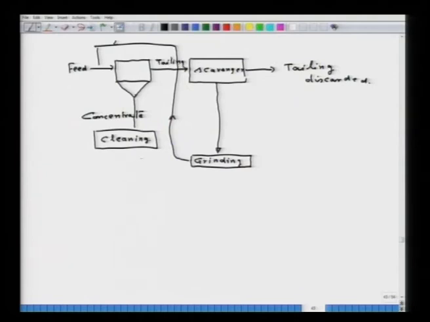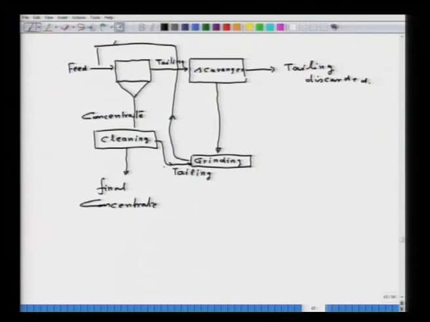So, they go again to the cleaning, and from here we have the final concentrate, and the tailing of the cleaning may undergo a grinding operation. This is the tailing. So, this is just a feed side information of what is done in flotation. This particular problem is based on this concept.